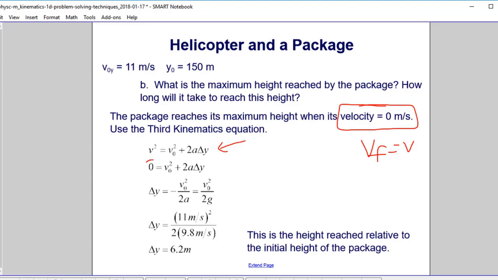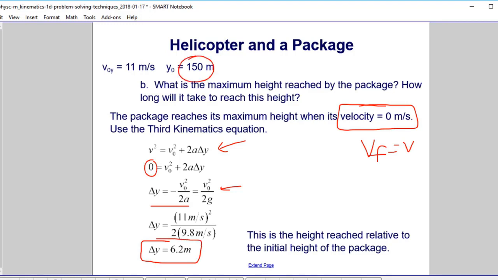So our final velocity is 0. And what do we put in now? We do a little algebra. Delta y is minus v0 squared over 2a. However, a is a negative g, so that gets rid of our negative sign, and we just have v0 squared over 2g.